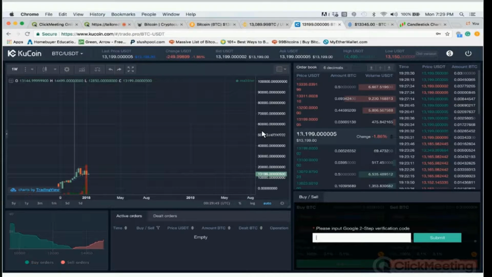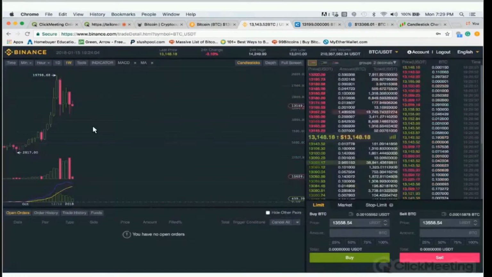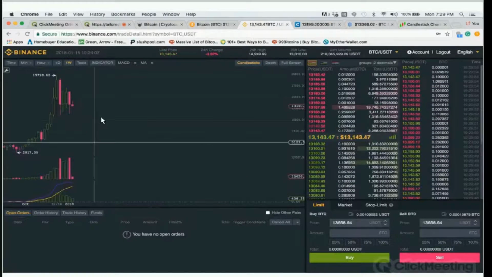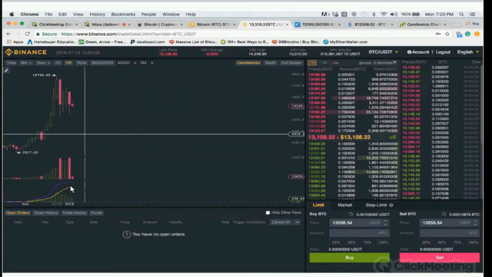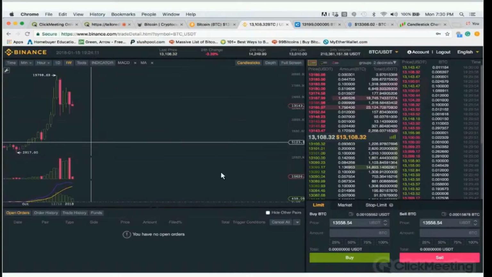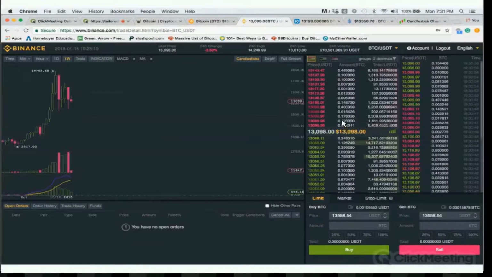Now, let's get back to the price. So as you can see, the platforms are a little bit different in each exchange, but the main things that you're going to be focusing on are the graph, the chart, the volume down here, your order boxes over here with the sellers and buyers in the market, and the current price.